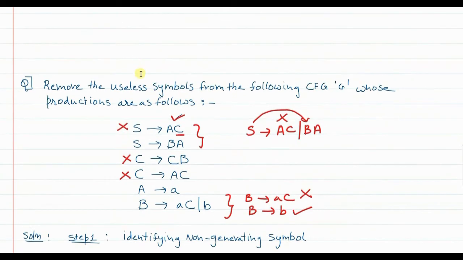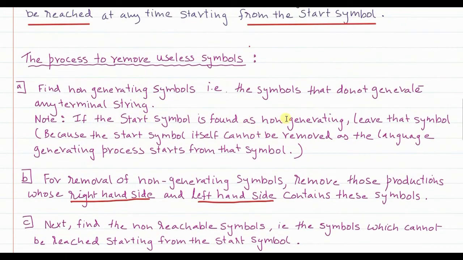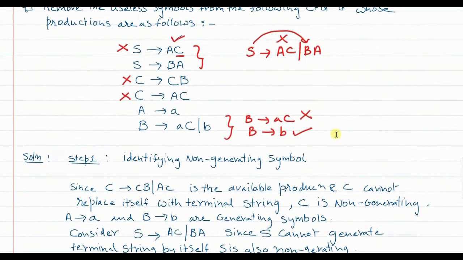Why? Because S happens to be the start symbol, and it clearly says that if the start symbol is non-generating, you leave it, you cannot remove the start production. So if S occurs anywhere else also, you don't have to remove those productions.